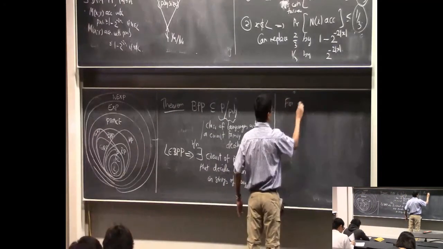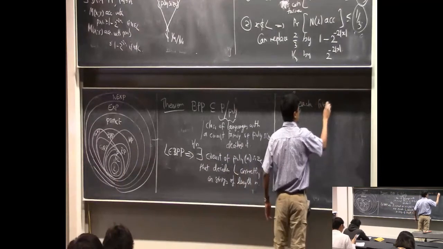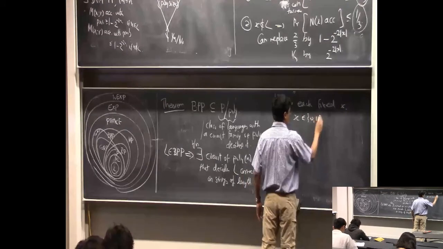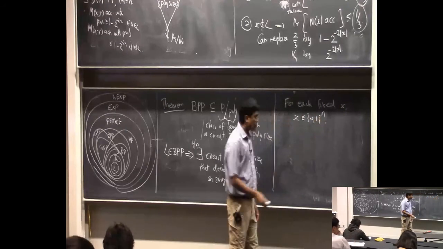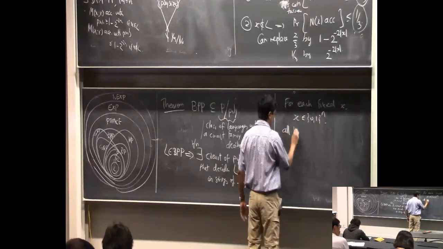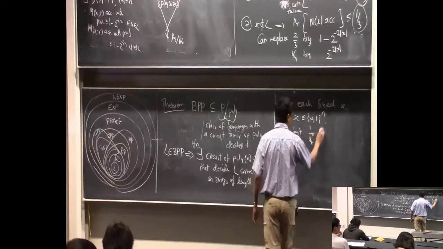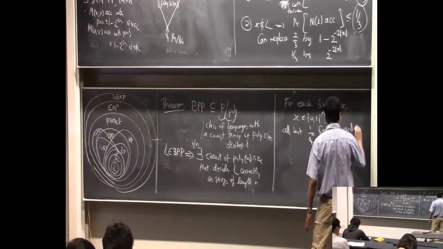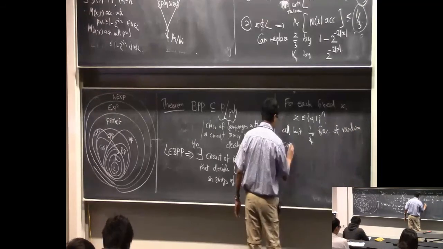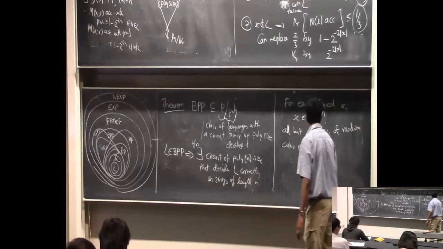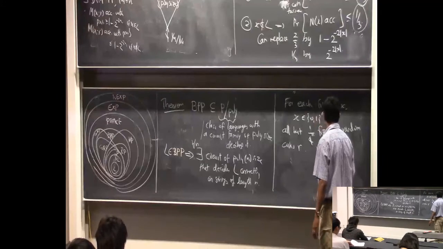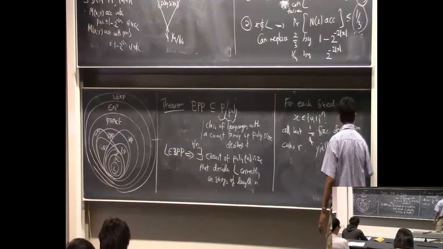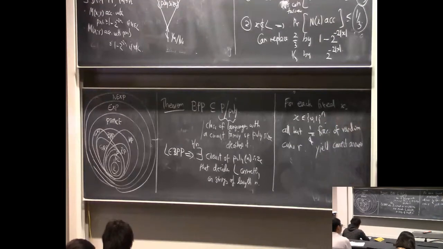For each fixed x of length n, all but 1/4 to the n fraction of random coins R yield the correct answer. Does everyone agree with this?